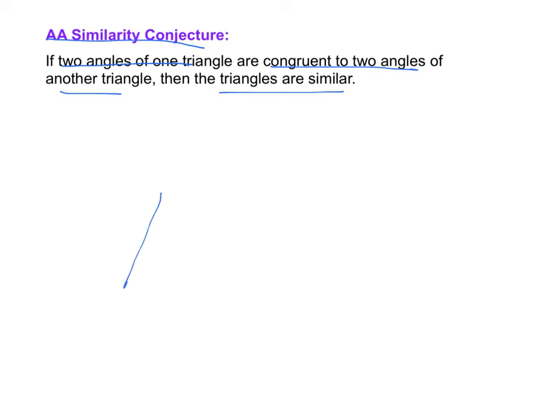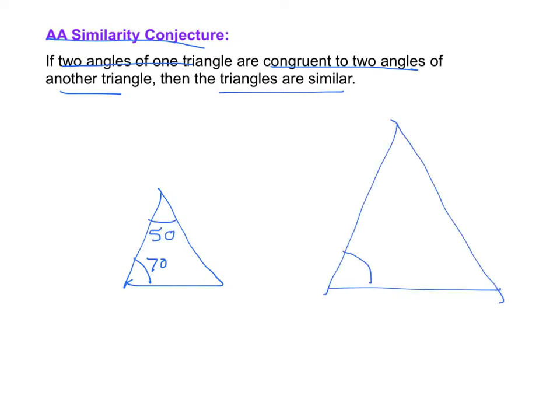So if we have a triangle here, and say this is 70 degrees and this is 50 degrees, and we have another triangle here, and this is 70 and this is 50, we can actually say that these two triangles are similar. The reason we can do this is we can find the last angle because the angle measures of a triangle always add up to 180. And when you have three of the same angles, your sides are, by definition, going to be proportional.